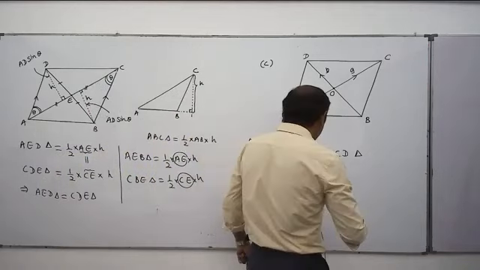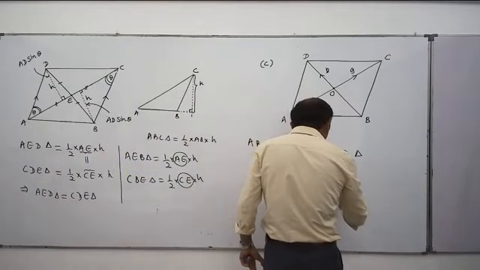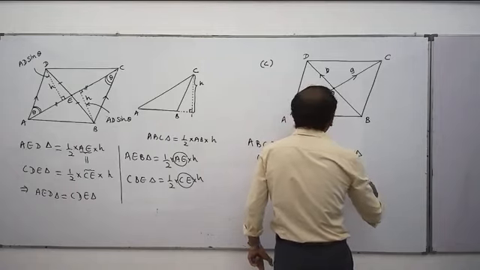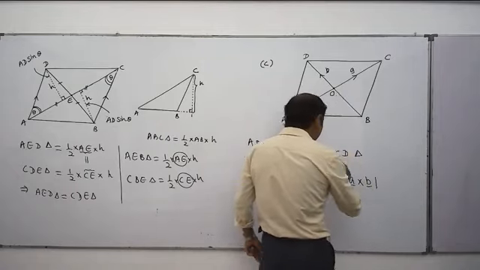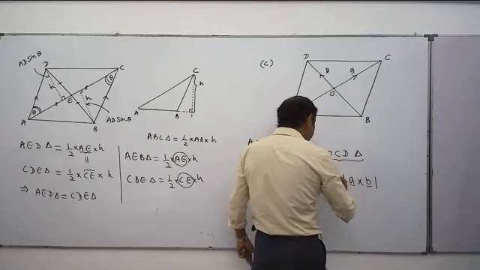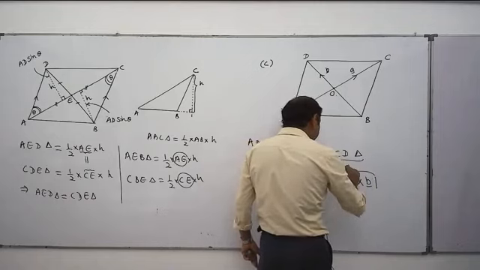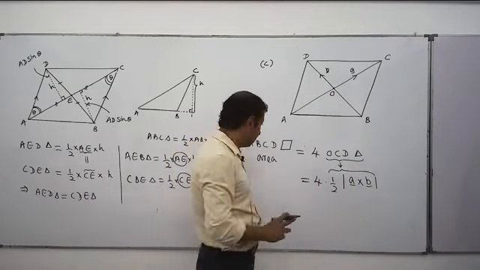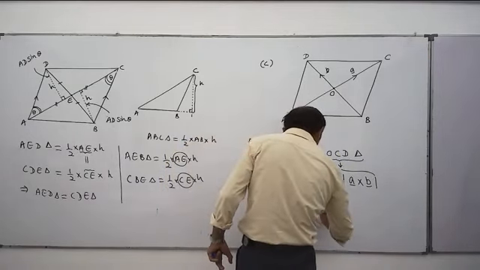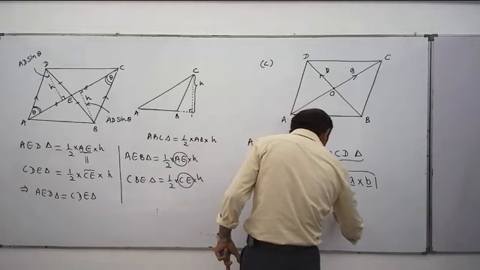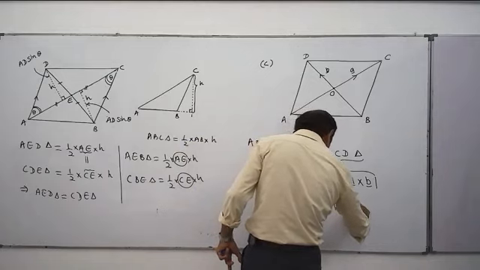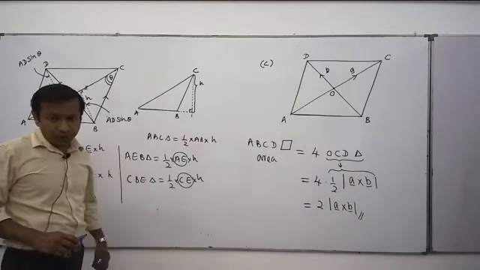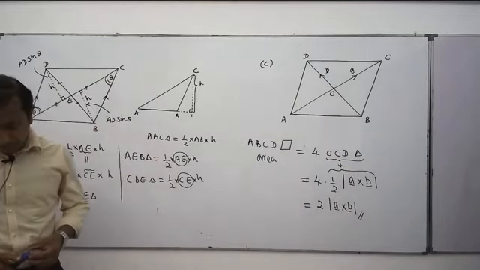Therefore, OCD area is half modulus of A cross B. Then 4 times this half means 2. Then we get the ABCD parallelogram area as 2 times modulus of A cross B. Yes, that is the answer.